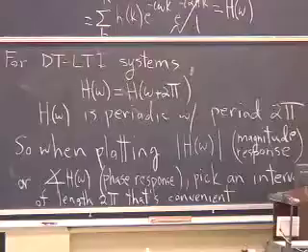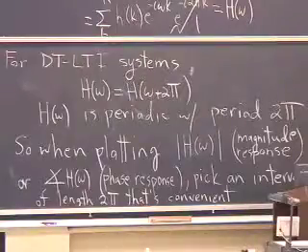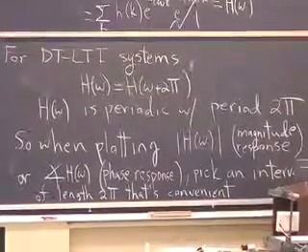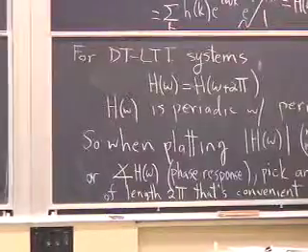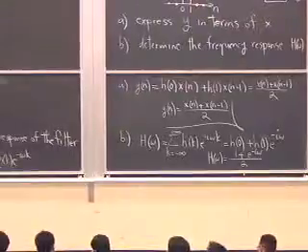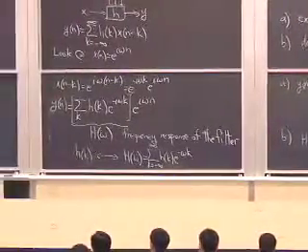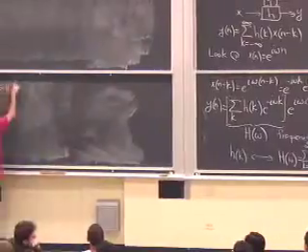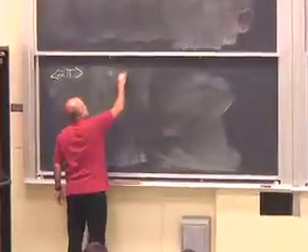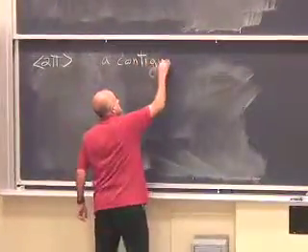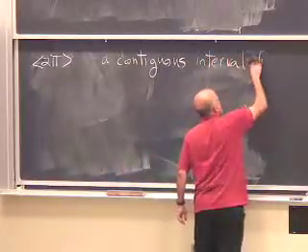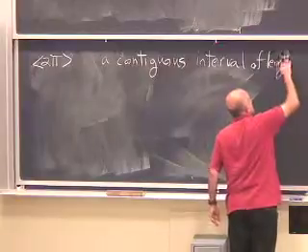I'm going to use a notation in this class whenever I want to talk about an interval of length anything. Open angle, closed angle with some number denotes a contiguous interval of length 2 pi.